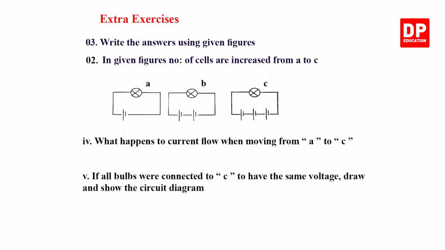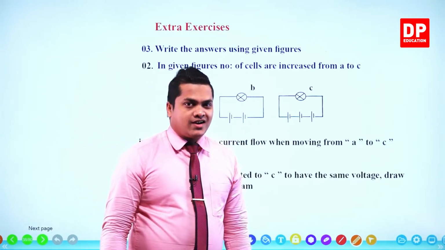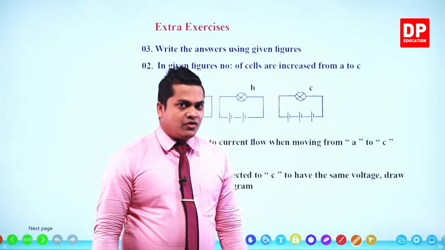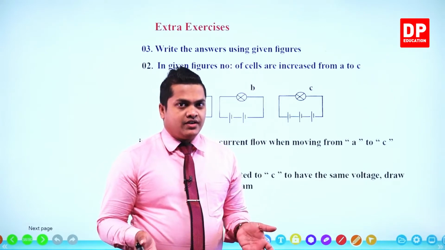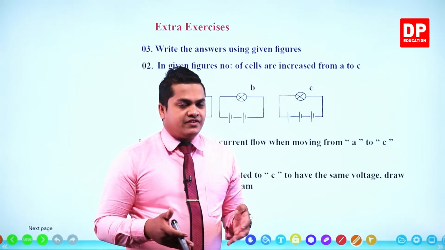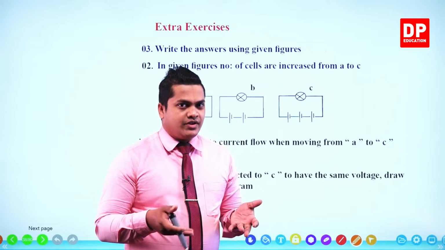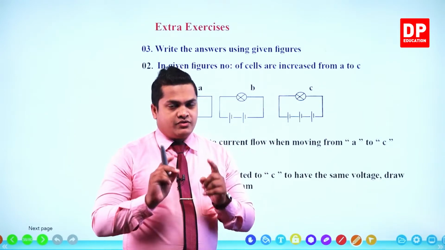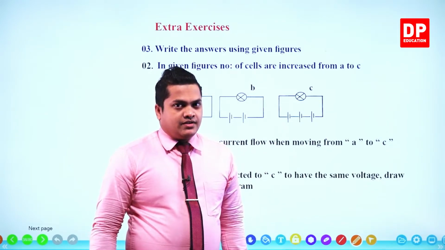The next question. What happens to current flow when moving from A to C? Once again, you are asking about the current flow. So, in the earlier case, we wrote what happens with the current flow, right? When increasing the potential difference, current flow is also going to increase when moving from A to C, right?